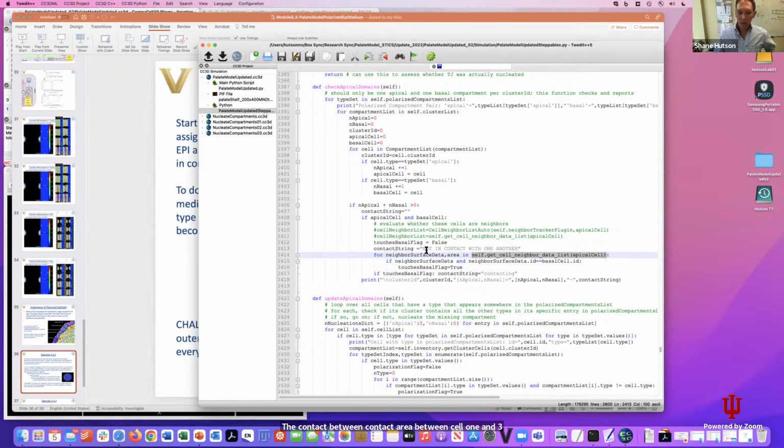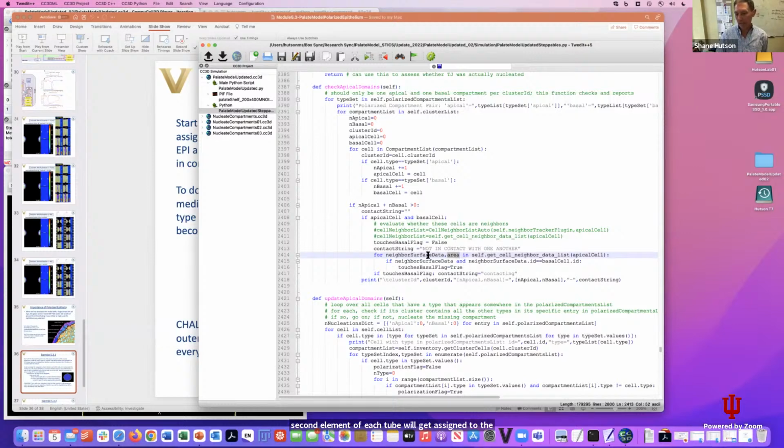And so what we can do is set up the iterator like this, which is a little bit of an oddity in Python, but Python lets you do this. We'd say for this pair of things, neighbor surface data, comma area, in this list of tuples. The first element in each tuple gets assigned to neighbor surface data, so that's actually the cell that is the neighbor. And the second element of each tuple gets assigned to the area there.